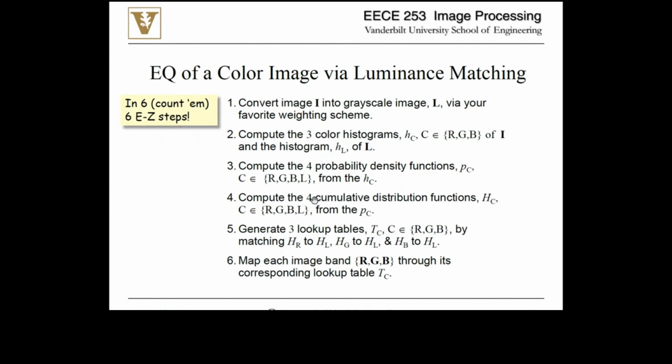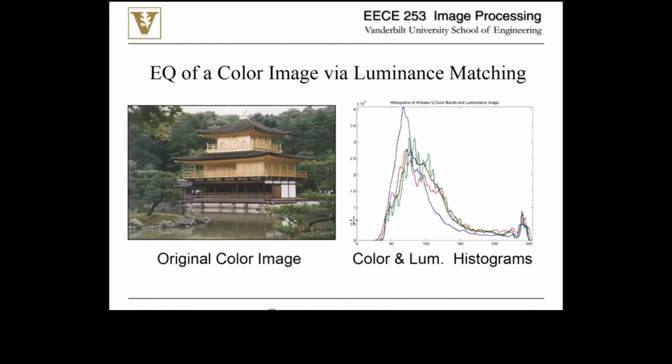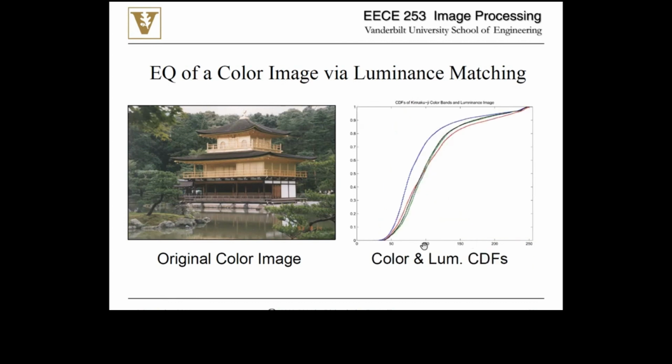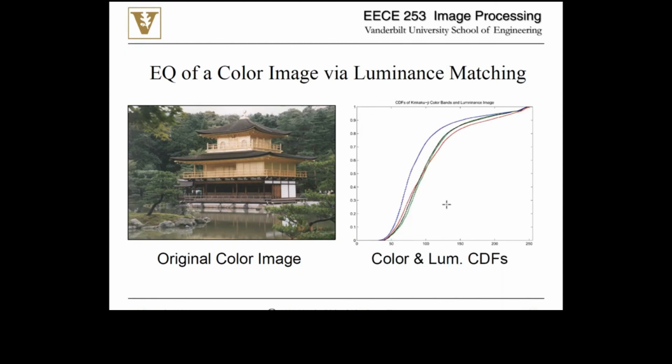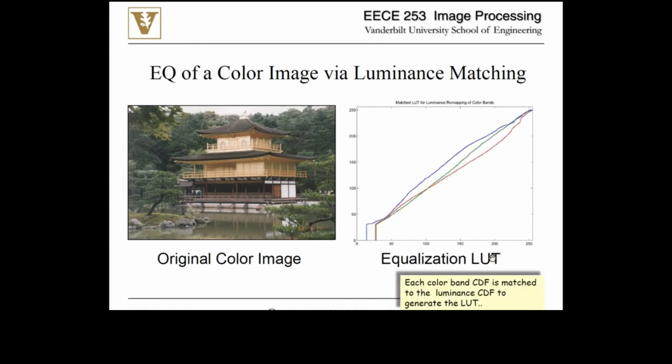Okay, so here is a little bit of pseudocode to perform that. And here are some examples. So original color image, original color histograms and Luminance, and then the different transformations, different CDFs, and these are the equalization lookup tables.